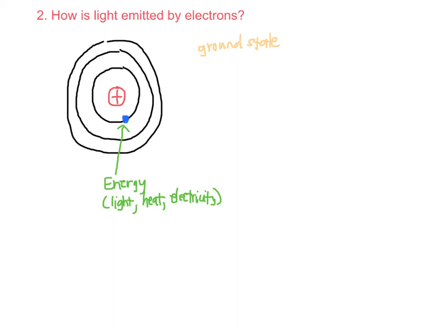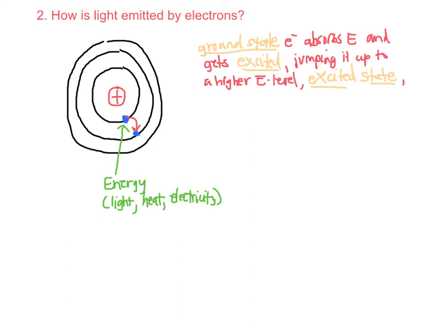Think of when you drink caffeine and you absorb energy and get excited. So that ground state electron can absorb that energy and get excited. And when it gets excited, it can jump up to a higher energy level, and that higher energy level is called its excited state.